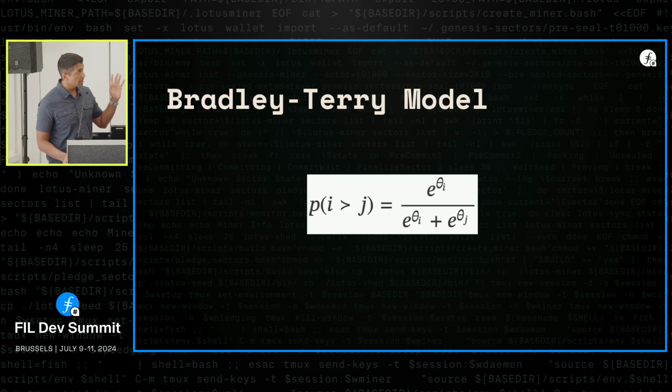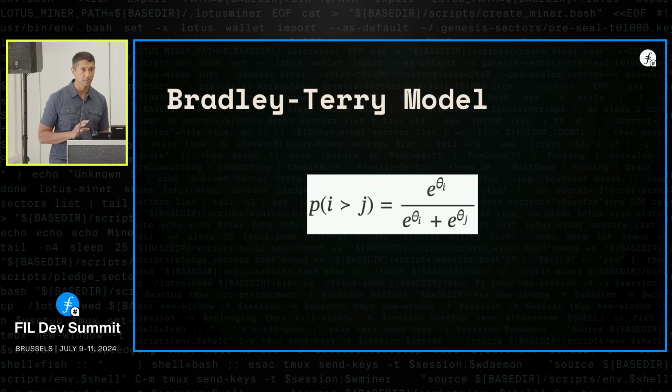How this model works is if I have project I and project J, and project I wins, or player I wins, then player I has a score, and player J has a score. What I'm trying to do is infer the true scores of each player from this list of pairwise rankings. The Bradley-Terry model is a way to do that inference. And it's nice because we can do that inference with a subset of data points.